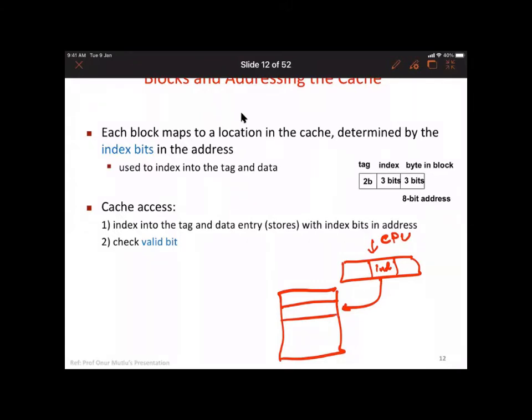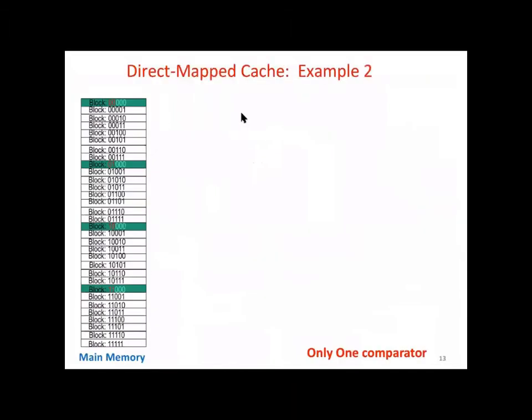Then in that block it looks for the tag bits. If the tag bits here match the incoming tag bits, and V is also valid, then the corresponding data can be read. And which byte we have to read is given by the offset.